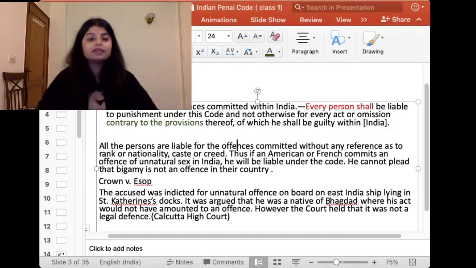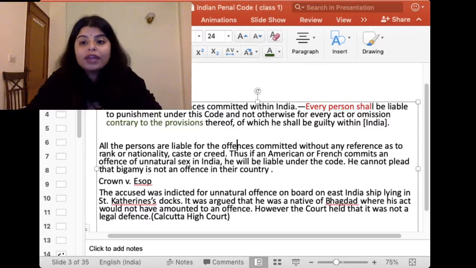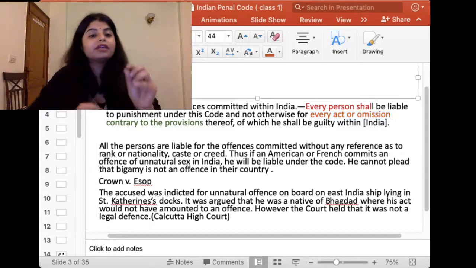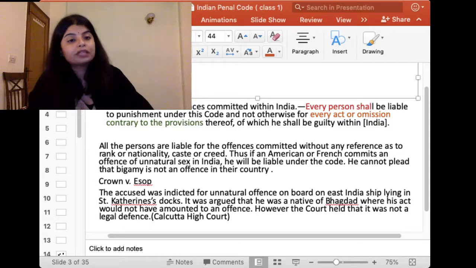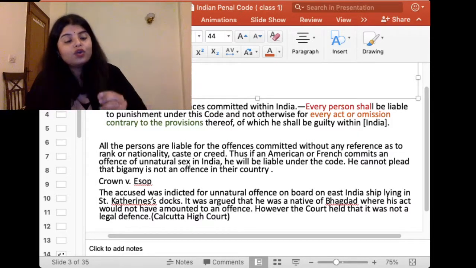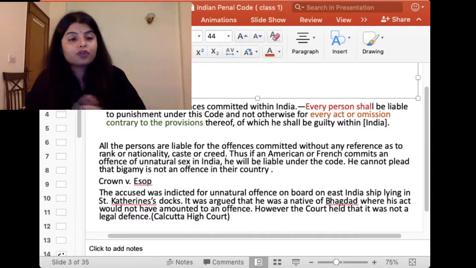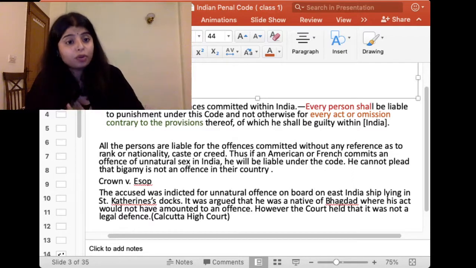Also notice here that it's written for every act or omission. Now the reason why act has been given here and omission also has been given here is there is a reason behind it. You can be made liable for the offense of theft. You can be made liable for the offense of murder. But would you be also liable for something that you have omitted to do?